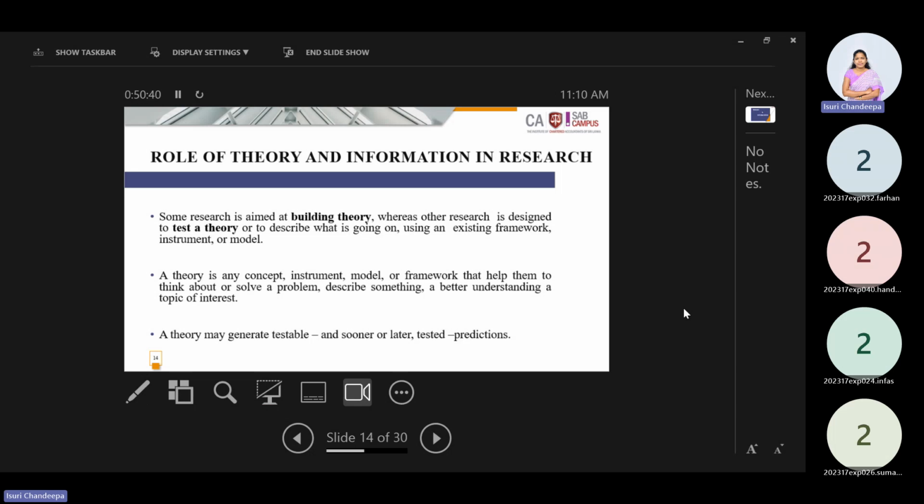So a study is made to develop a theory. What is a theory?